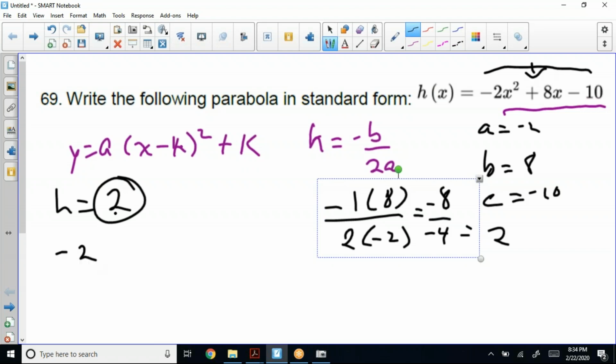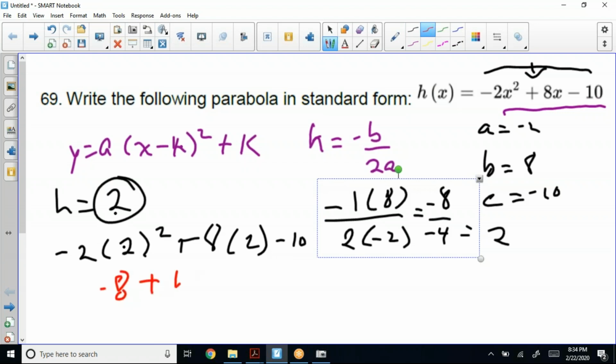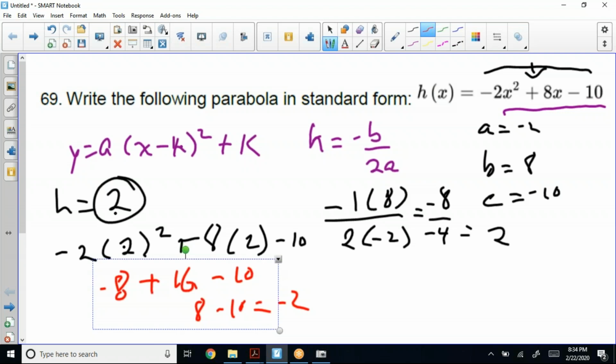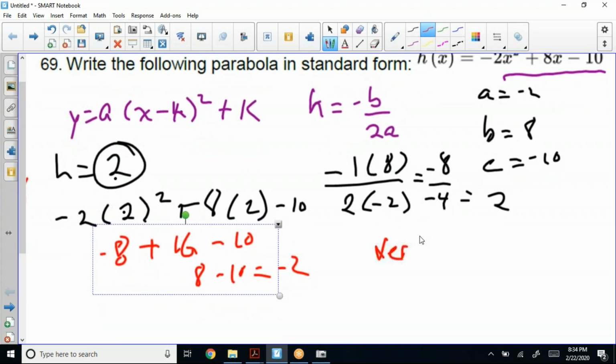So that would be negative 2 squared plus 8 times 2 minus 10, and that would be negative 8 plus 16 minus 10, so that's 8 minus 10, which is negative 2. So our vertex is 2, negative 2, right?